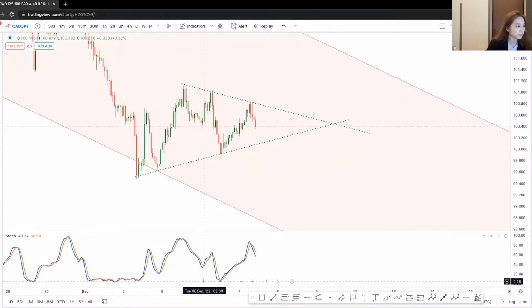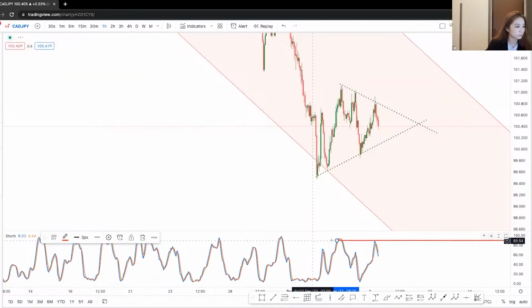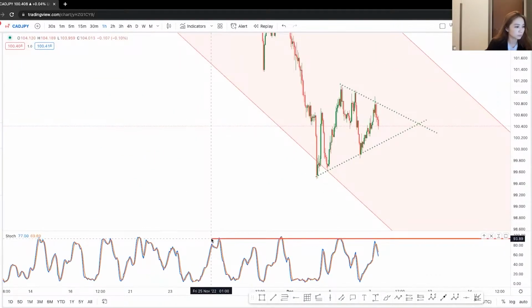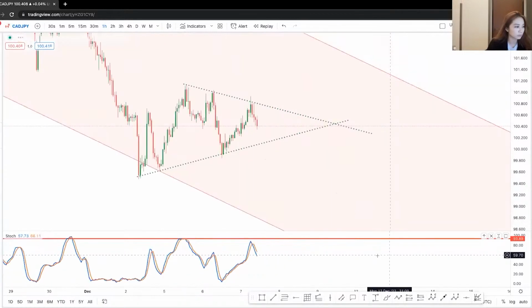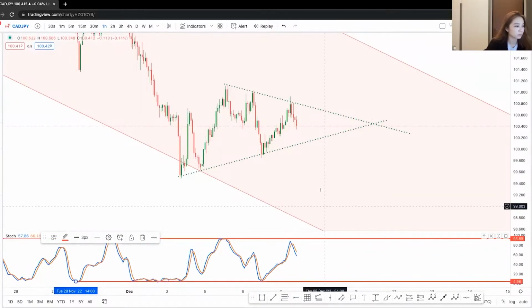Interesting, interesting. Looks like it's more of a downfall for the short term, and it has stopped a bounce up over here.